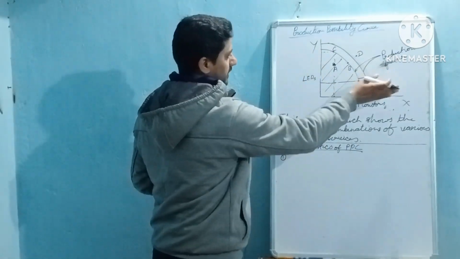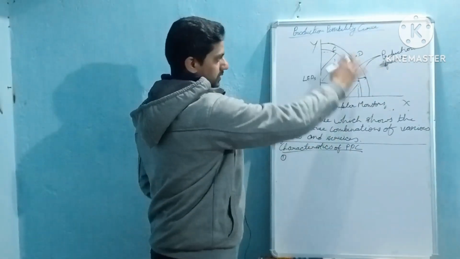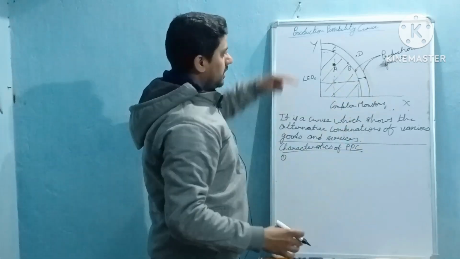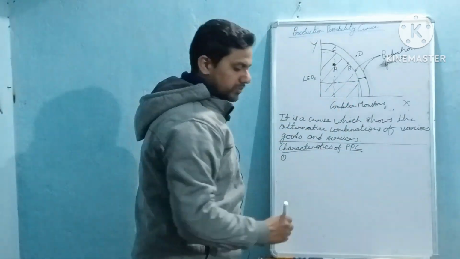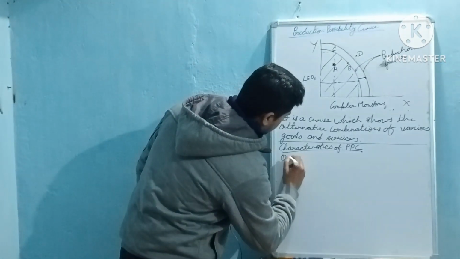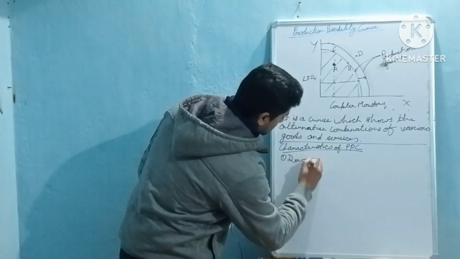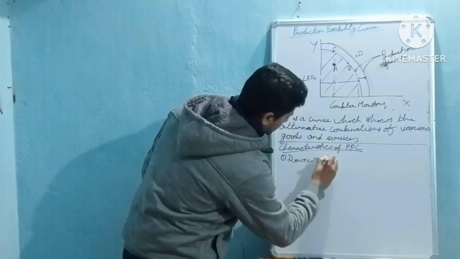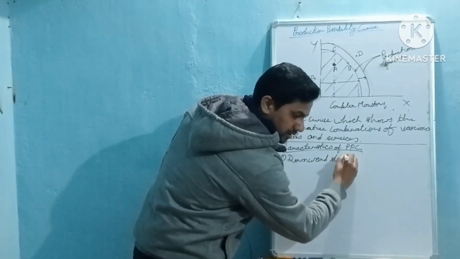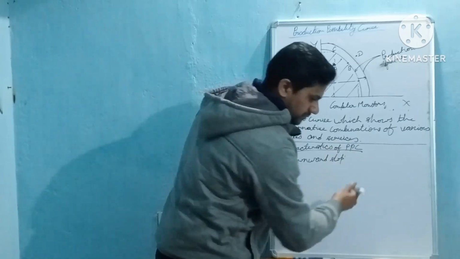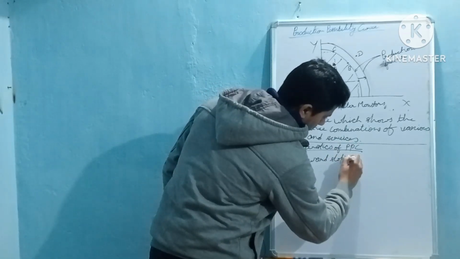If we go from left to right, it slopes downward. So we can write downward sloping.